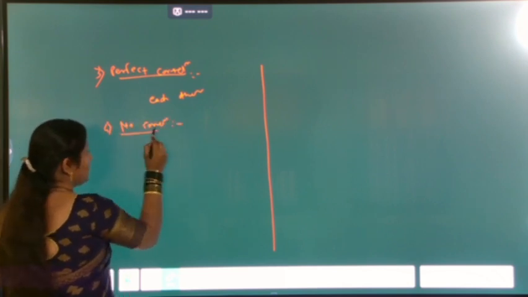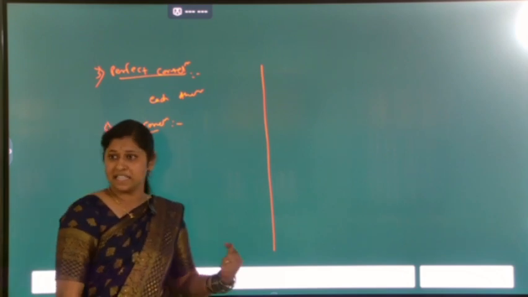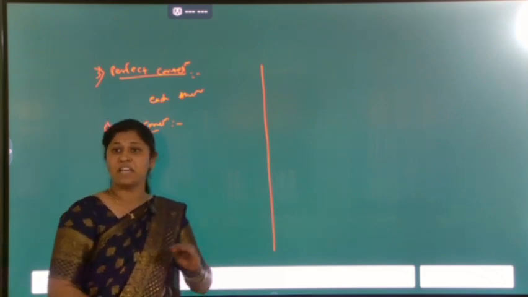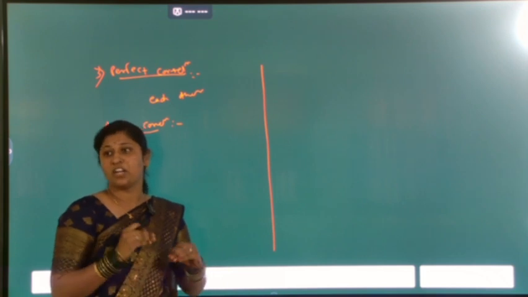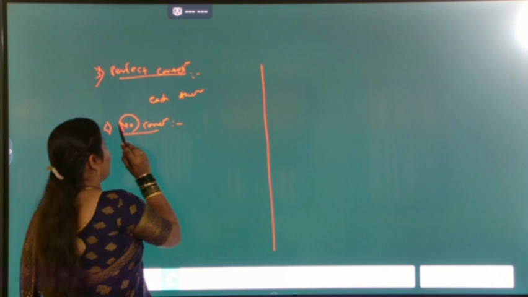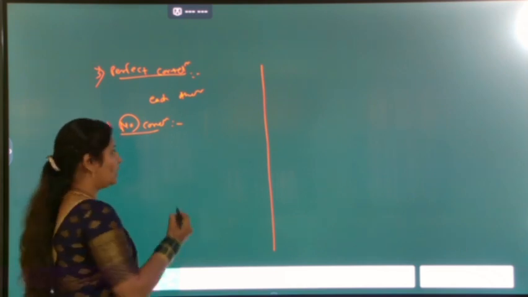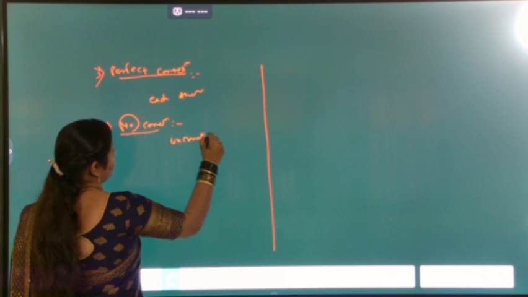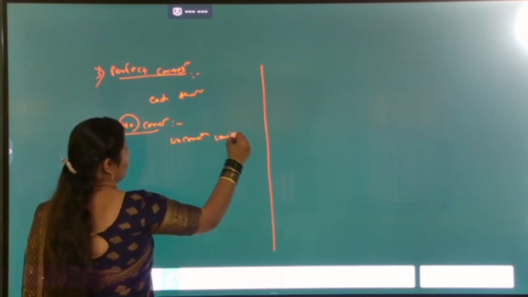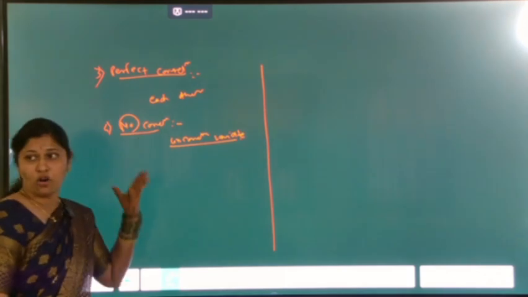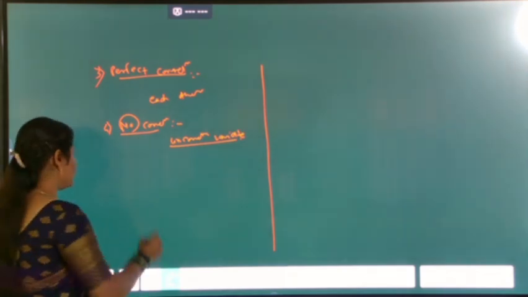No correlation means the value of one variable increases or decreases, the value of another variable remains constant, it does not affect the other variable. It is called no relation, and these two variables are called uncorrelated variables. We discuss all four types of correlation.